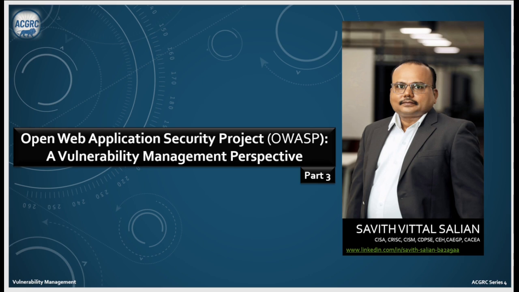To wrap up, think of the OWASP Testing Guide not as a long checklist, but as a security conversation starter. It bridges the gap between code and risk, between developers and defenders, and between findings and real remediation.